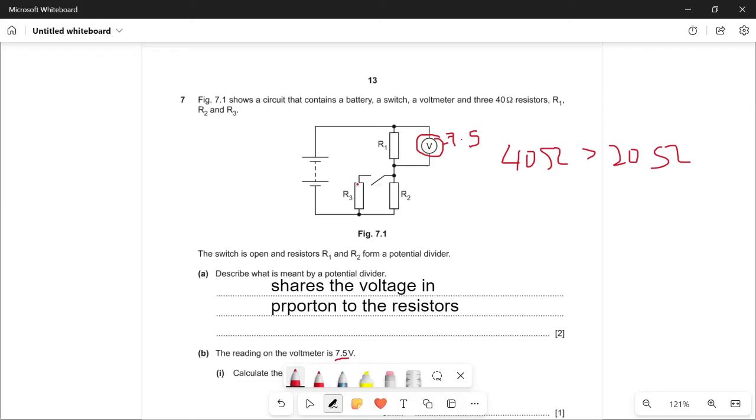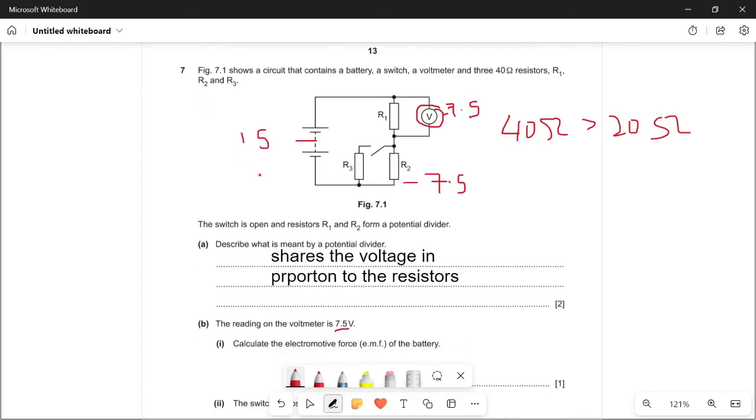So this potential divider would count for one of the resistors at one time, not both at the same time. So over here we have 7.5 volts, and then over here we also have 7.5 volts. So the total amount of voltage produced from the power supply is going to be 7.5 plus 7.5, giving 15 volts. So that's going to be our answer.